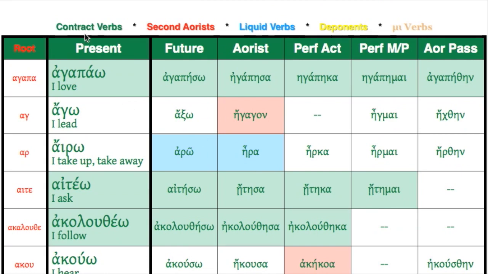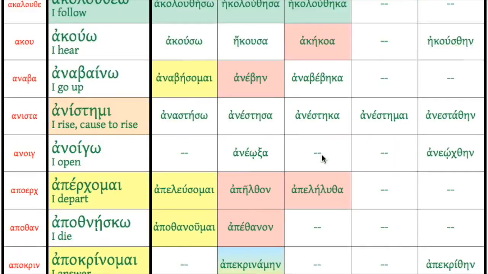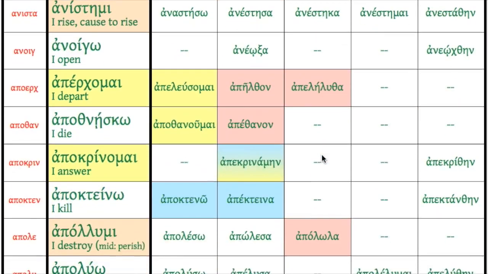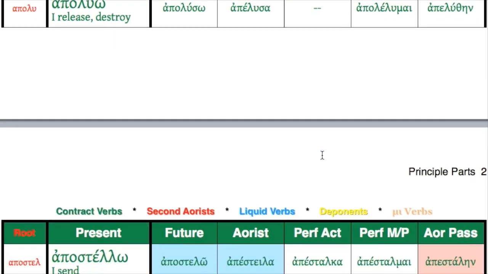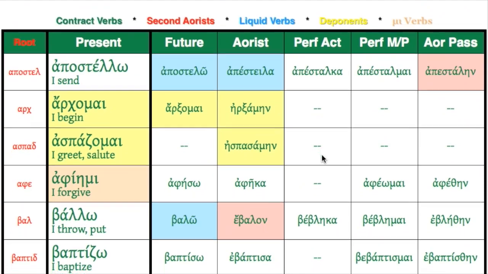And remember, look for contract verbs and how they behave. Look at the second aorists. Look at the liquid verbs and how they behave. The deponents. And then, after next lesson, you'll be looking also at the -mi verbs. And I think you'll find this chart to be very helpful as you try to understand the major shapes of verbs in the Greek language.